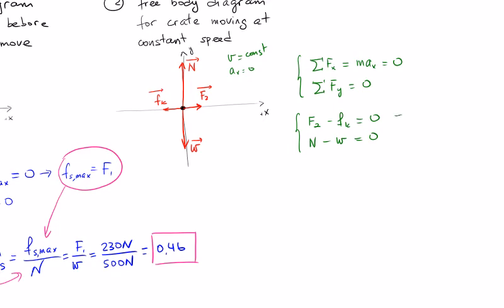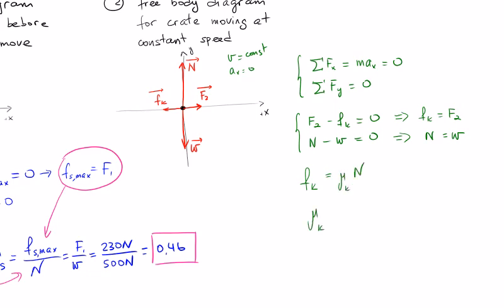From these equations, I can find Fk equals F2 and the normal force equals the weight. On the other hand, I know that Fk equals mu k times the normal force.